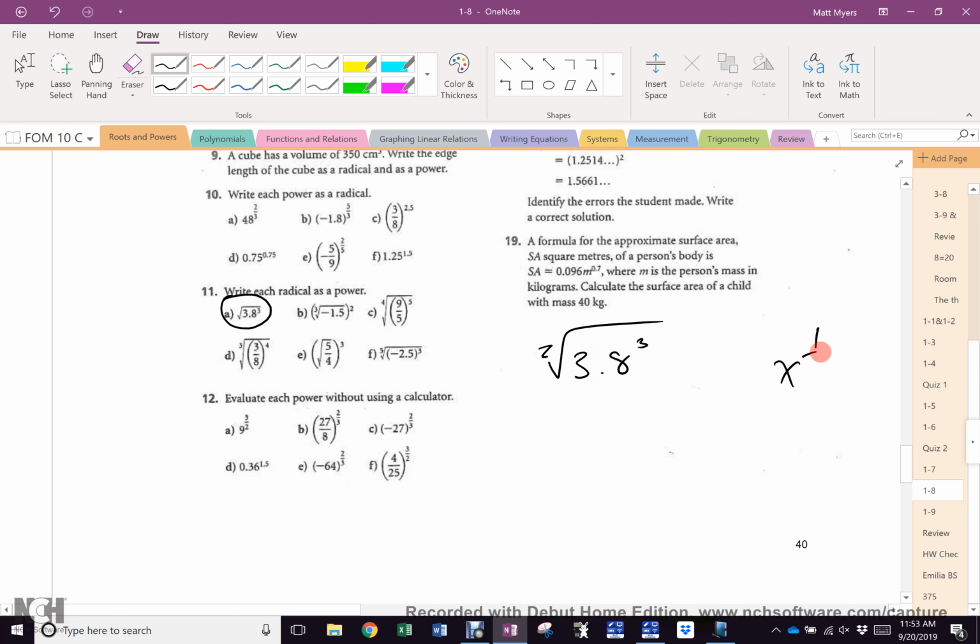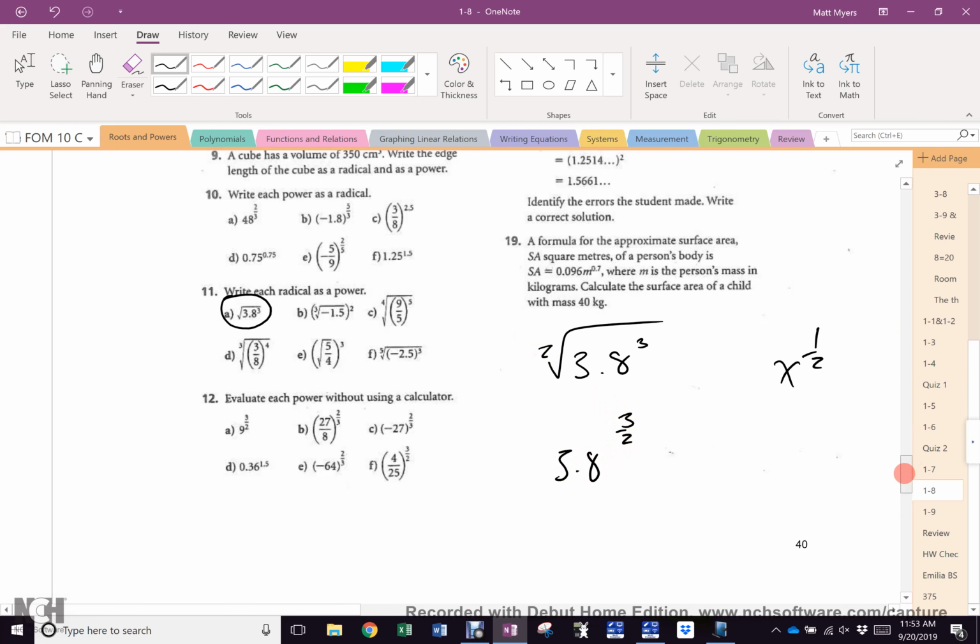Well, when I had this, you all knew what the base became. What does this become? That becomes the radicand. So now I'm going the other way. So what does this become? The base, 3.8, to what power? 3 over 2. Index becomes the denominator. Okay?